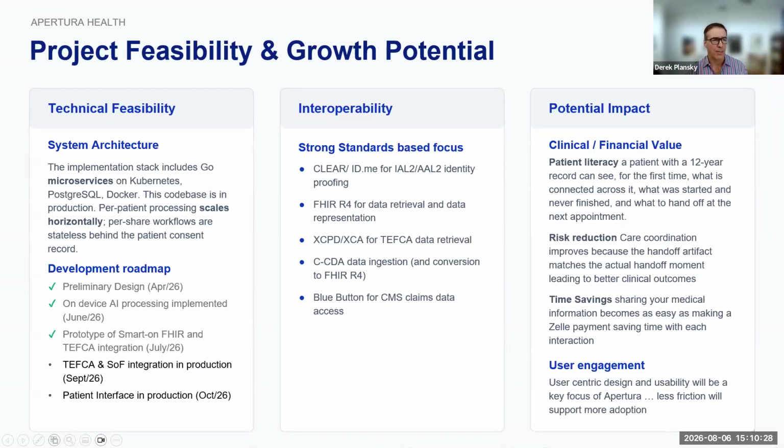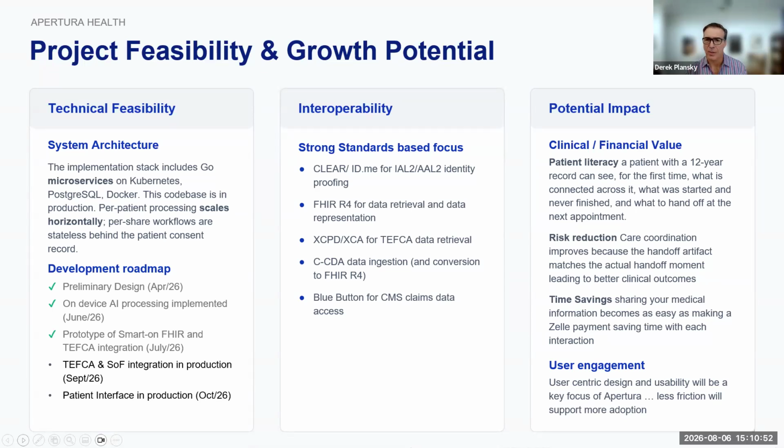Our development roadmap is actually well underway. We've got 5 key milestones. We've accomplished 3 of them. We've got a preliminary design, some on-device processing, and a prototype already built. And we're working on getting that prototype into production later this fall, and then getting the full patient interface into production also towards the end of the fall.